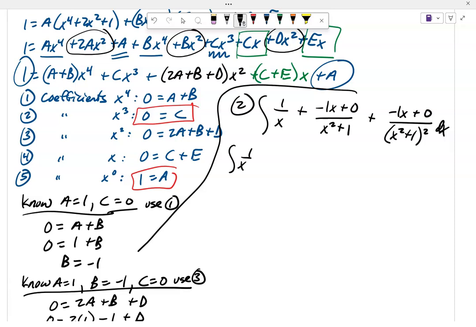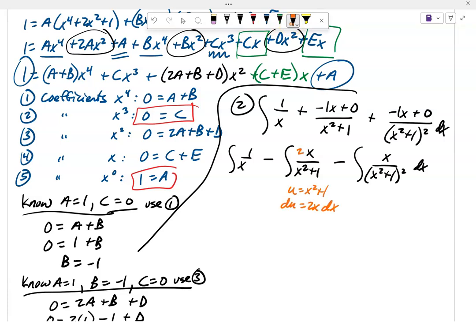So we got 1 over x, minus x over x squared plus 1, minus x over x squared plus 1 squared. Let u be x squared plus 1, so du equals 2x dx. 2x, gotta offset it. Same thing over here.